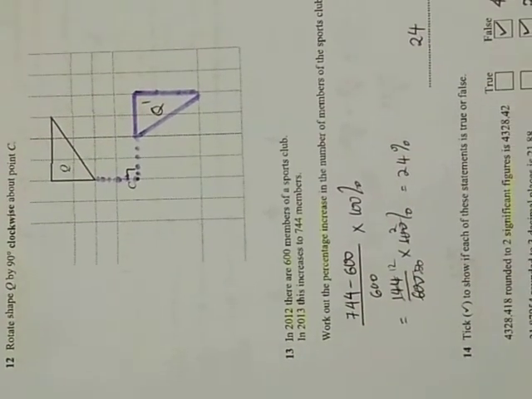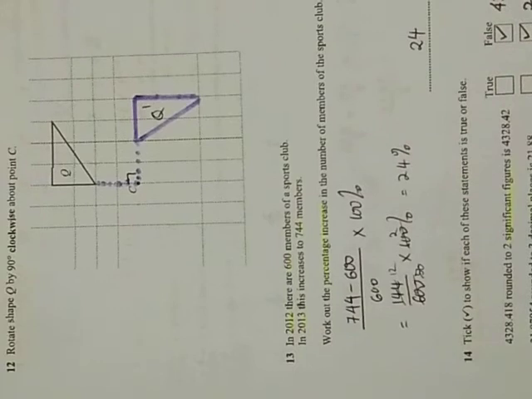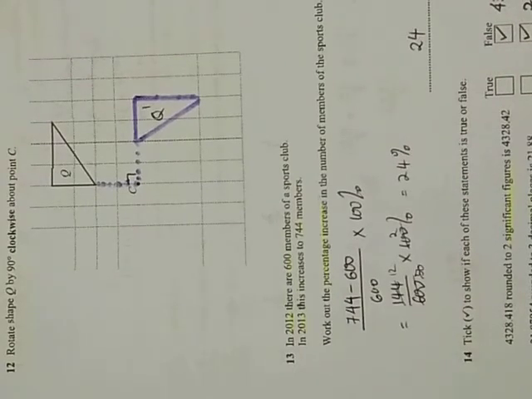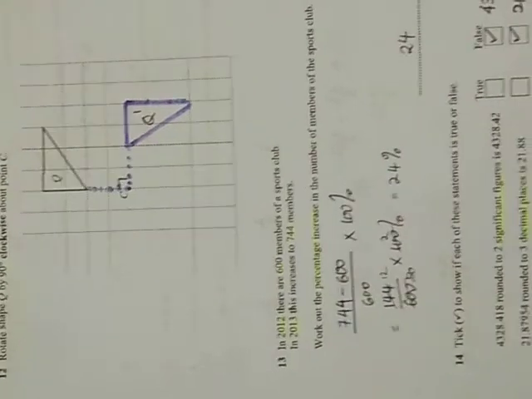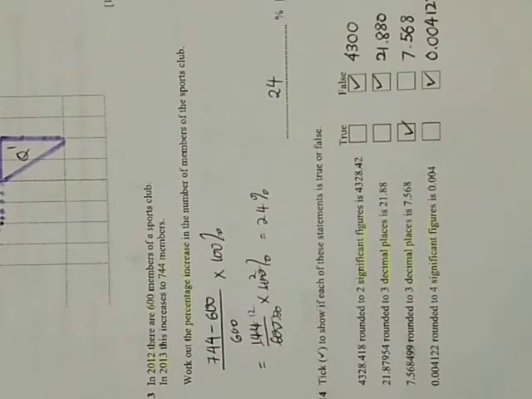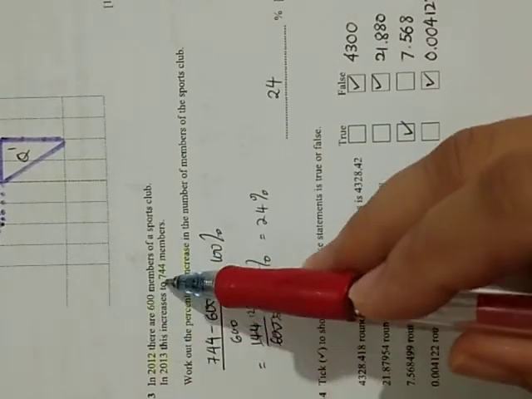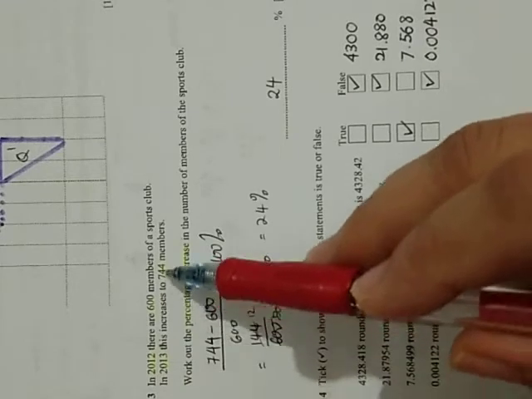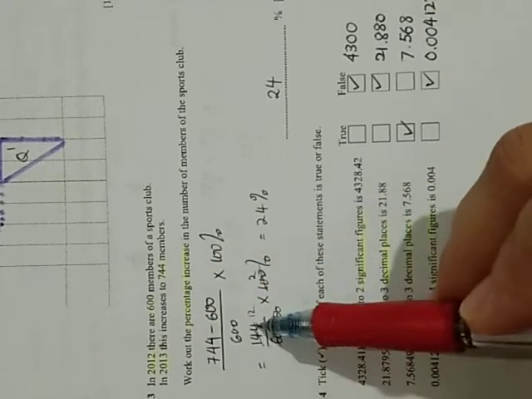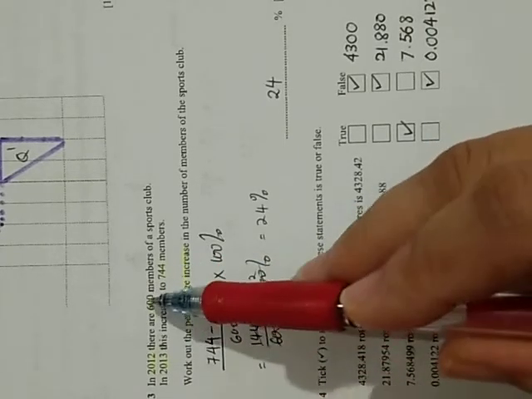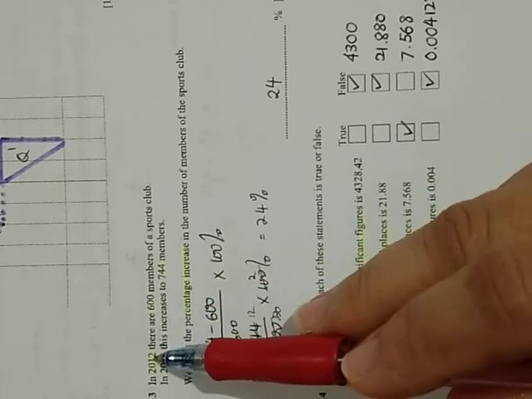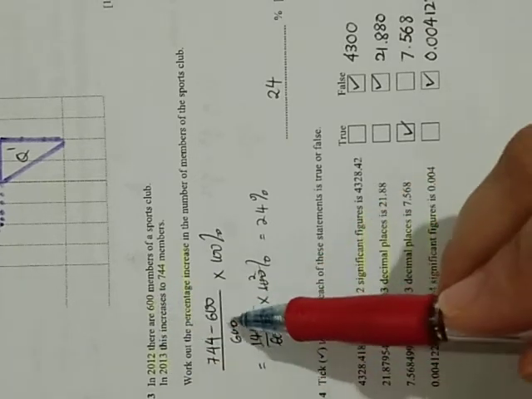In 2012, there were 600 members of a sports club. In 2013, this increased to 744 members, 744, all right? So, work out the percentage. First, we calculate the difference, the increase in the numbers, which is 144, over the original amount, which is the 2012 figure of only 600.